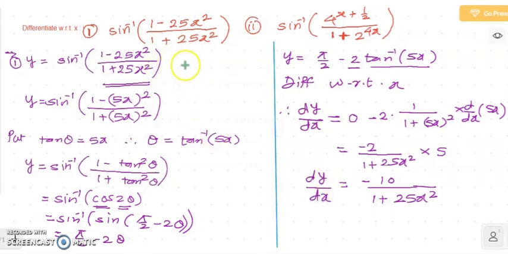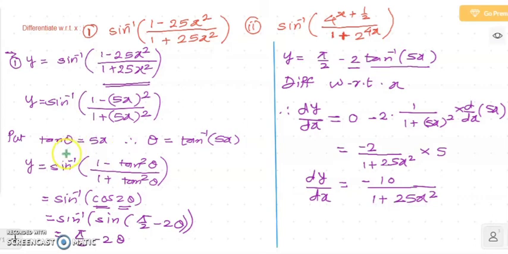In this manner we solve this by using the trigonometric formula of cos 2 theta. The cos 2 theta formula is 1 minus tan square theta upon 1 plus tan square theta. So you have to put tan theta equal to 5x here. Always make arrangements in terms of substitution. Normally students make the mistake of taking tan x equal to 5x. That doesn't work. It's not done like that. You have to take some different variable, not x.